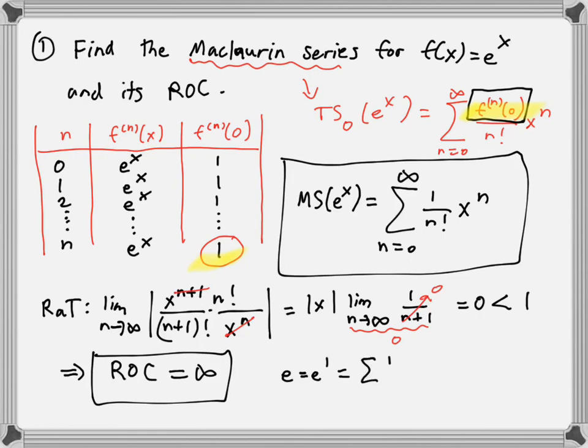You just get this, 1 over n factorial. So you just get 1 plus 1 plus 1/2 plus 1/6 plus, and that will give you e. Pretty interesting, right?